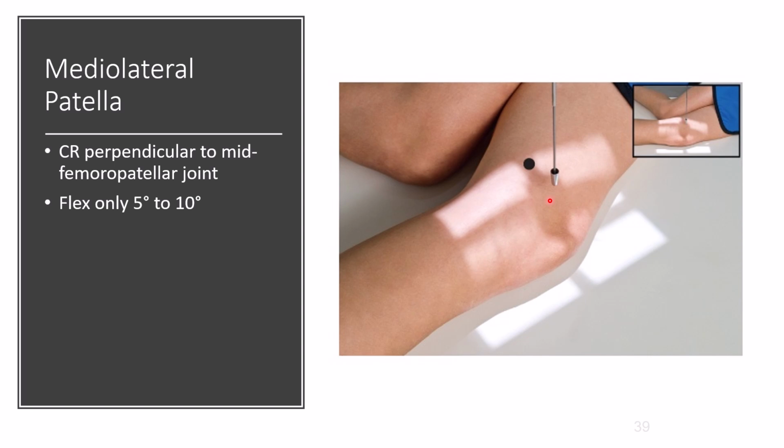With this, you rotate the body and leg until the knee is in a true lateral. The leg is flexed approximately 5 to 10 degrees, and the central ray is perpendicular to the mid-patellofemoral joint. You can also do this as a horizontal beam lateral, meaning a cross table lateral.